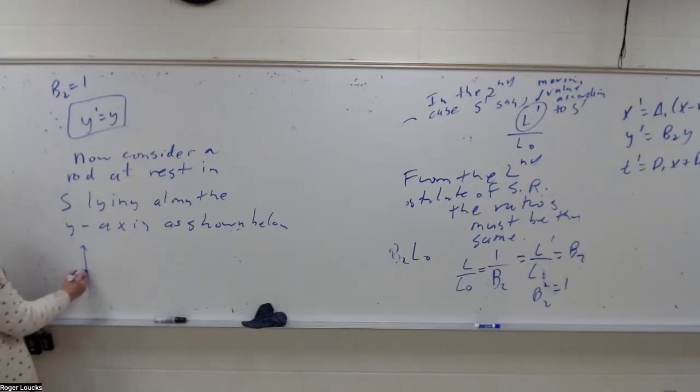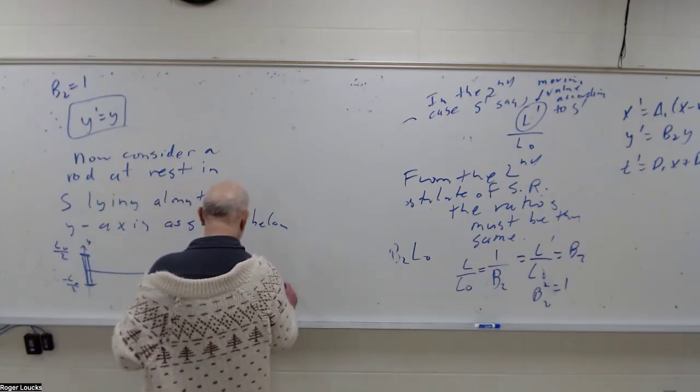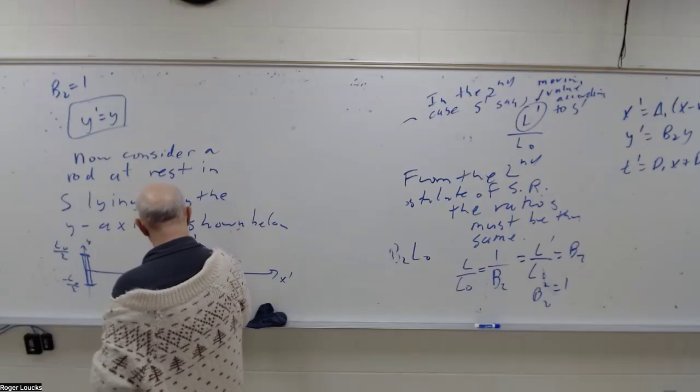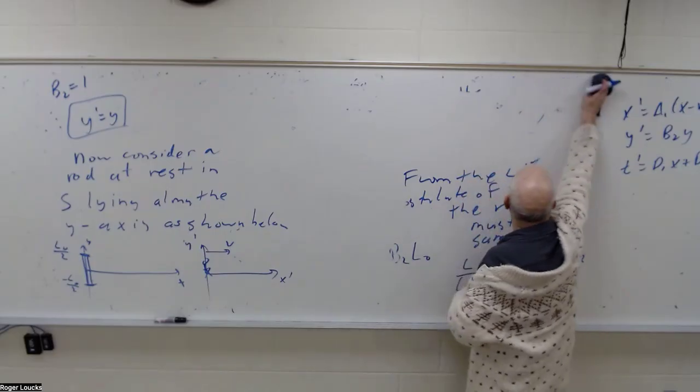I'm going to put that rod so it's like this. This point up here is going to be the top, this is L naught over 2. And this down here is going to be the bottom, this is L naught over 2. Here's my y, and here's my x. So basically, I'm just putting it so that half is on top, half is below. And here's my x prime, y prime.